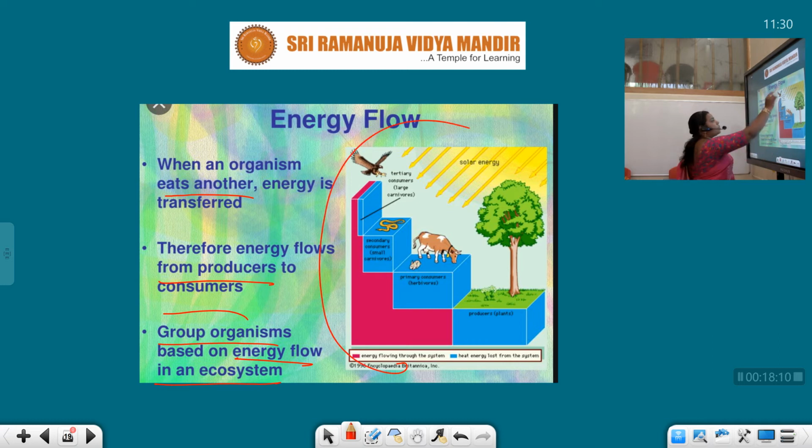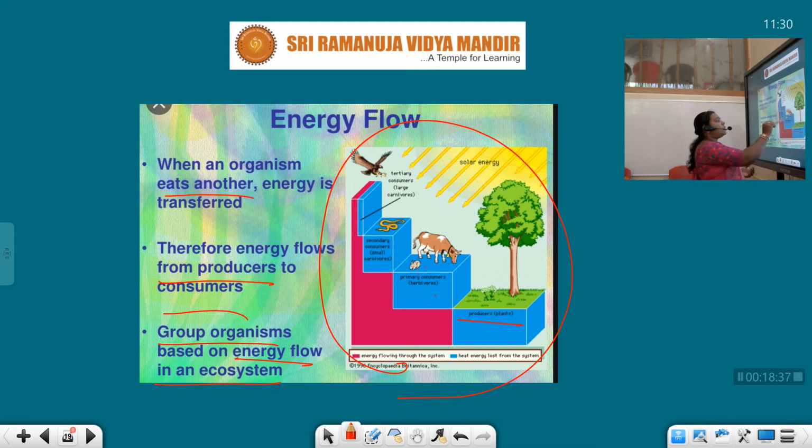So now we are talking about an ecosystem. This ecosystem consists of different types of organisms that you know very well, like plants, herbivores, carnivores, and parasites and all. Here, plants are the primary producers, and these primary producers are eaten by the herbivore. Here a cow is shown, the primary consumer.